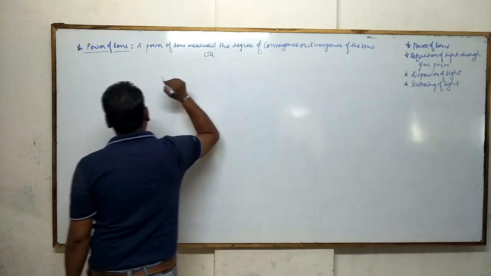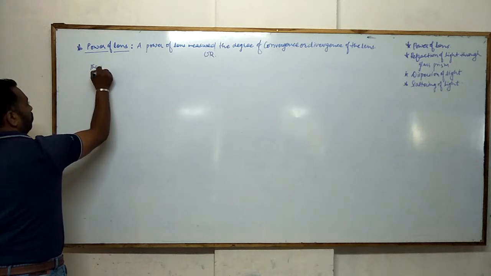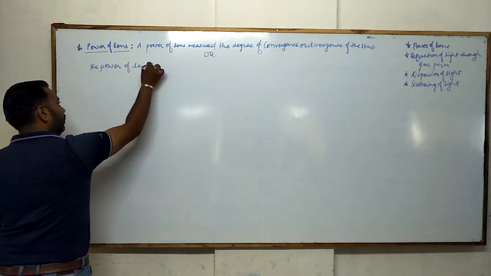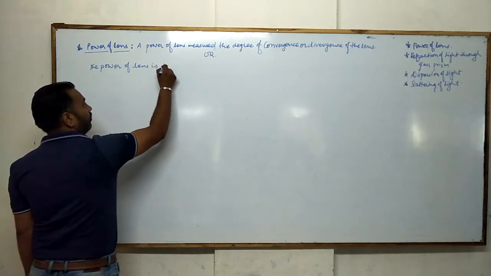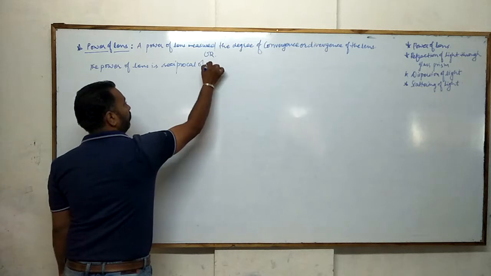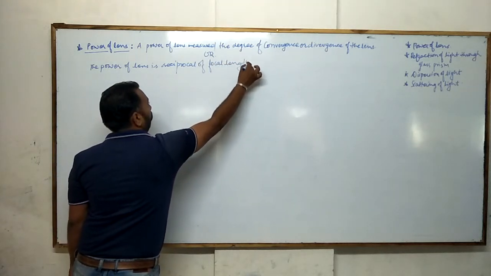One more definition is that the power of lens is the reciprocal of focal length.